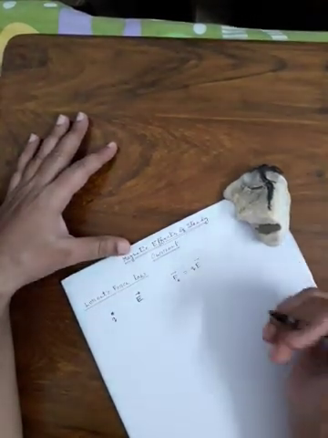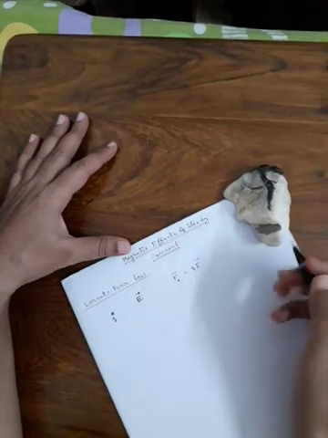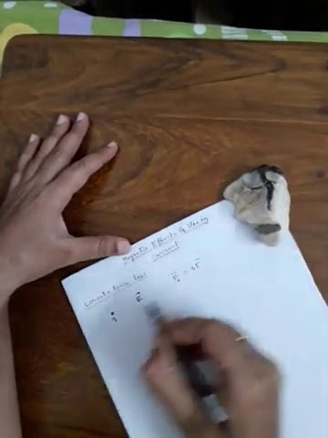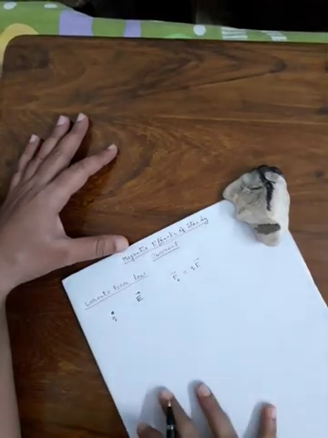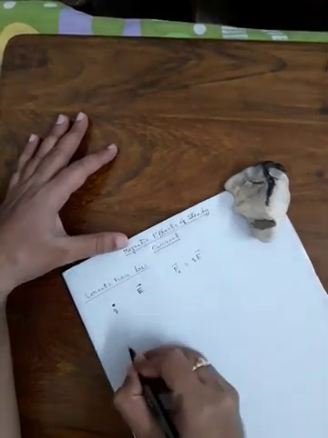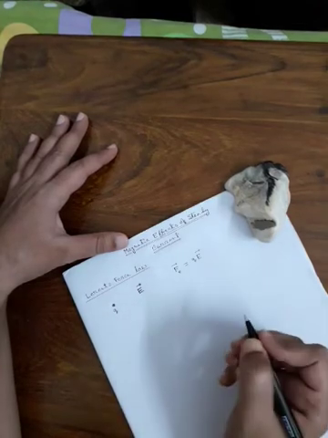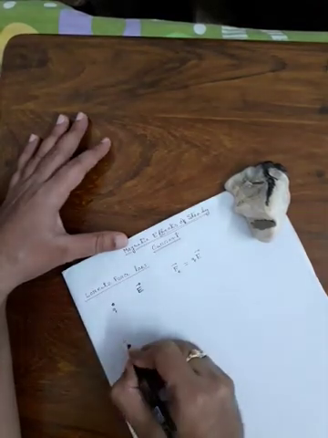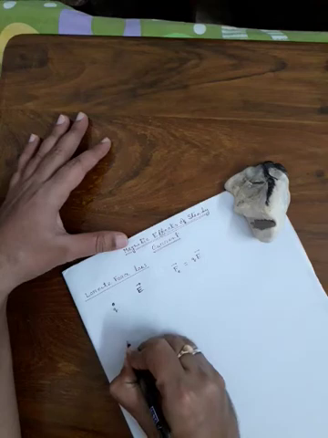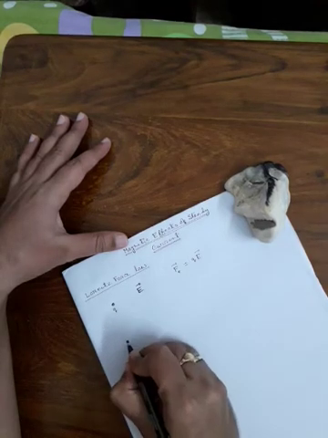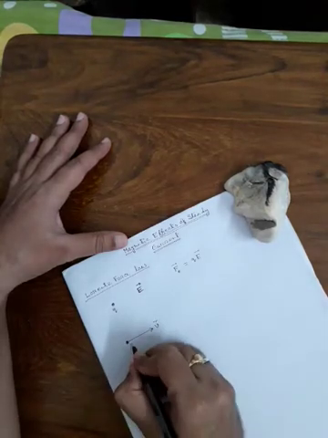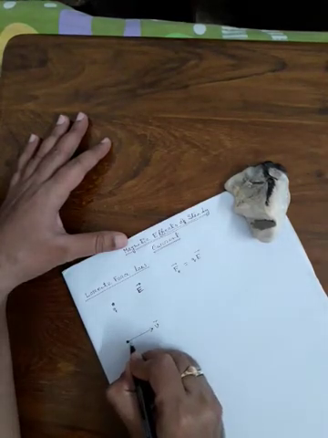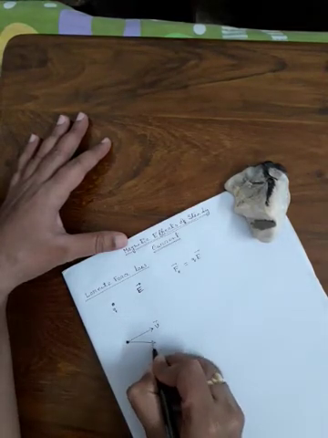Now, if the situation is different, that is, if this charge is not in a steady state condition and it is moving with some velocity v, then the situation will be something different. Consider this charge Q is moving with velocity v inside a magnetic field along this direction.